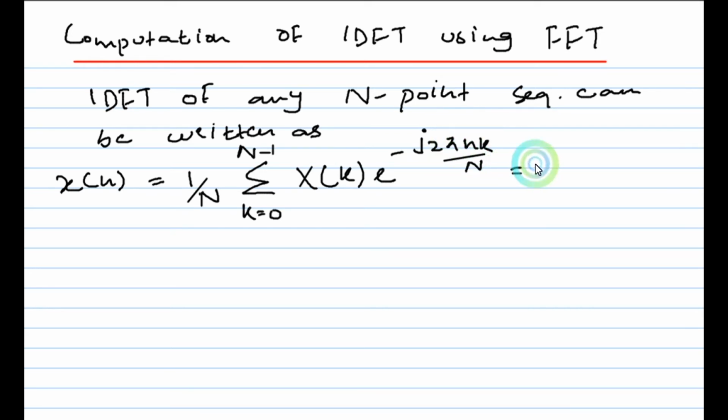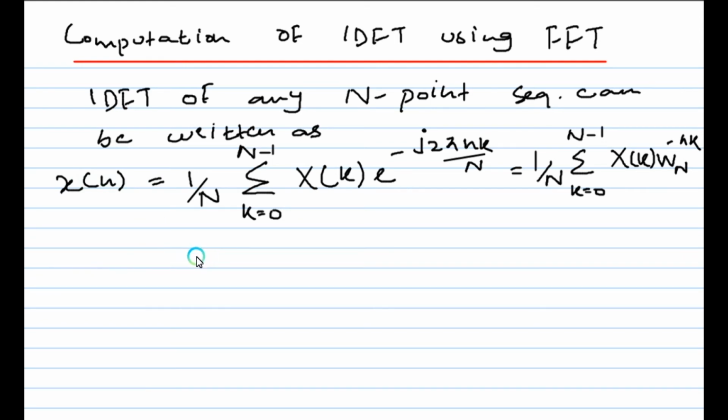Or I can write it as 1 by N summation k running from 0 to N minus 1 of X of k, and in terms of the twiddle factor it becomes W_N to the power minus nk, right? Okay.